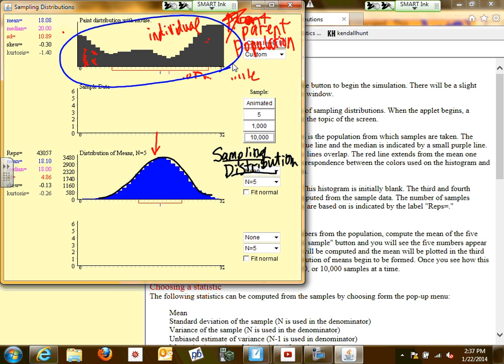That's huge, because that now means you can investigate anything. You can go collect data and you don't know what shape it's going to be in the population. But if you do this and you take your samples, then you can approximate your information with the normal curve from the samples.